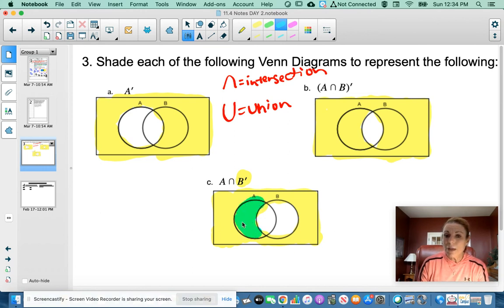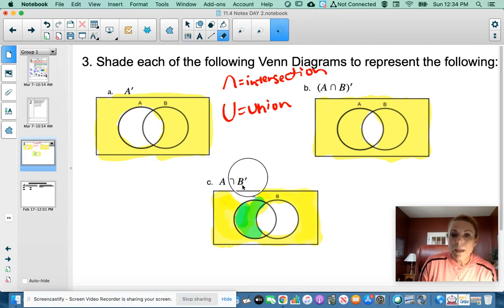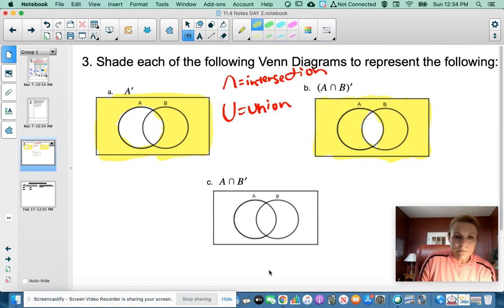That's the only spot where they intersect. So let's go back now and we will write that. So A intersect B prime is just this stuff right there.